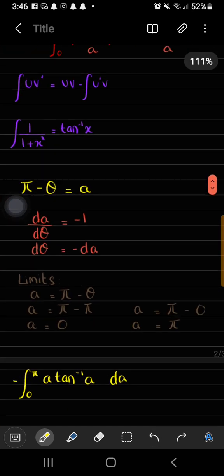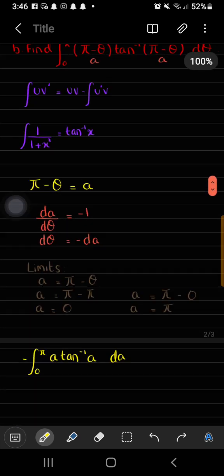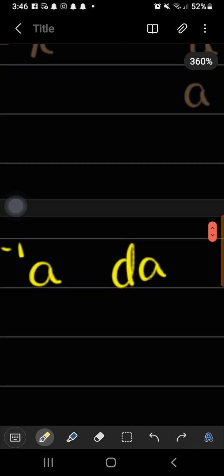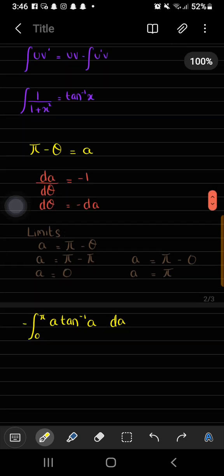We got this as we had replaced negative dA instead of d theta. So instead of writing it here, I write negative here. Okay, no problem. Yes. So now we will go for the by parts.